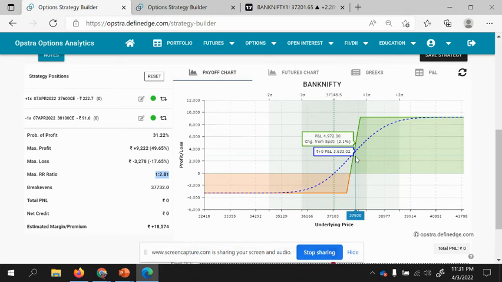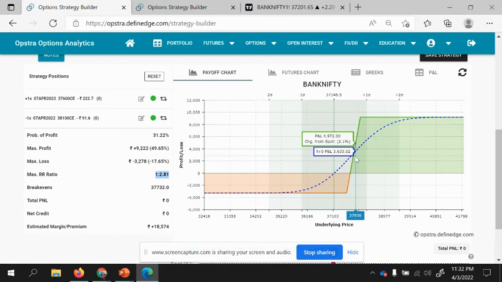So friends, this is very important in terms of understanding your profit and loss based on where you stand close to the expiry. T plus 0 is the current day, and the green box clearly says that's for the expiry.